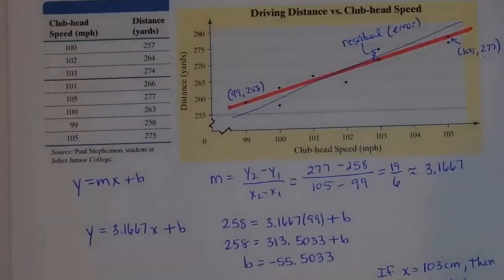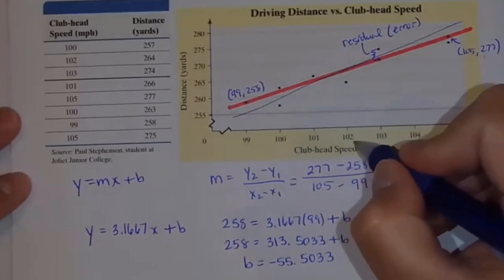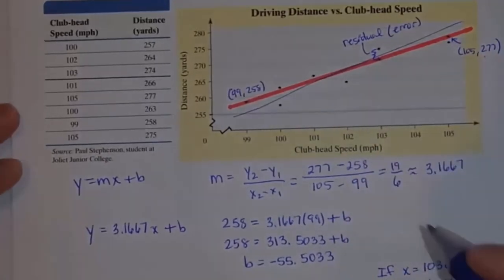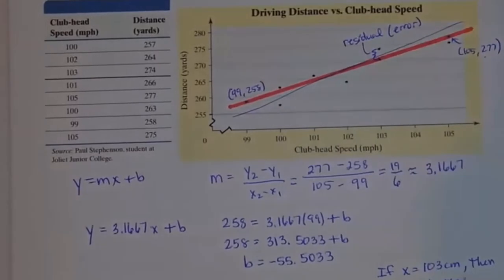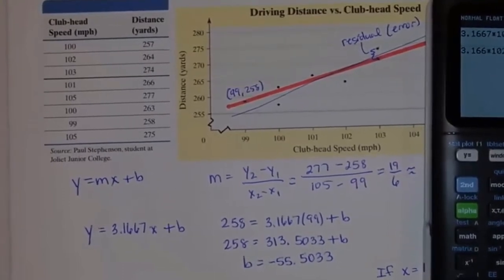So the same would happen if I substituted the length of 102 into my model. Let's just do that. I would get 3.166 times 102 minus 55.5033.